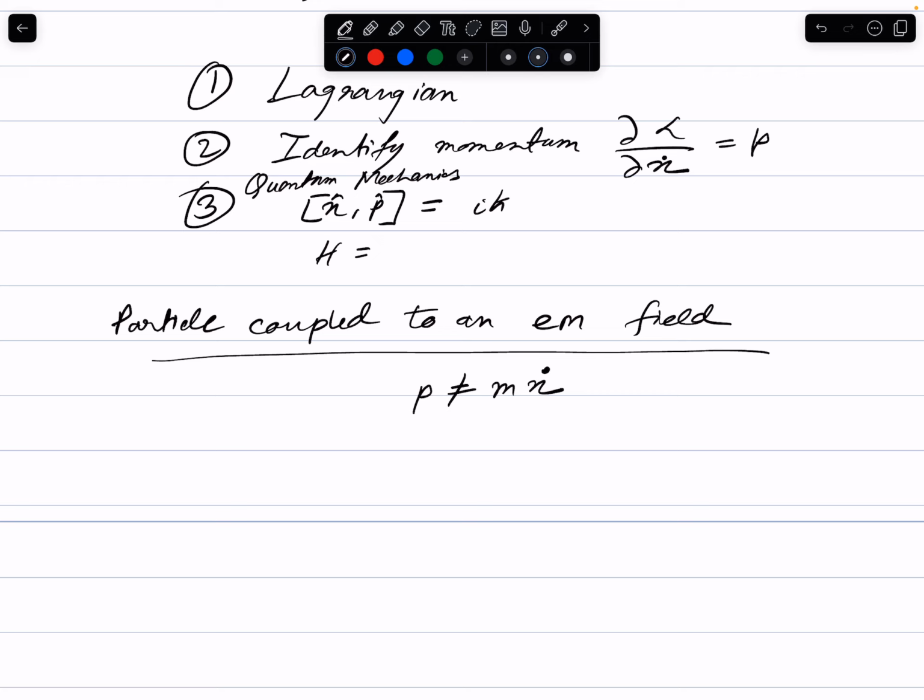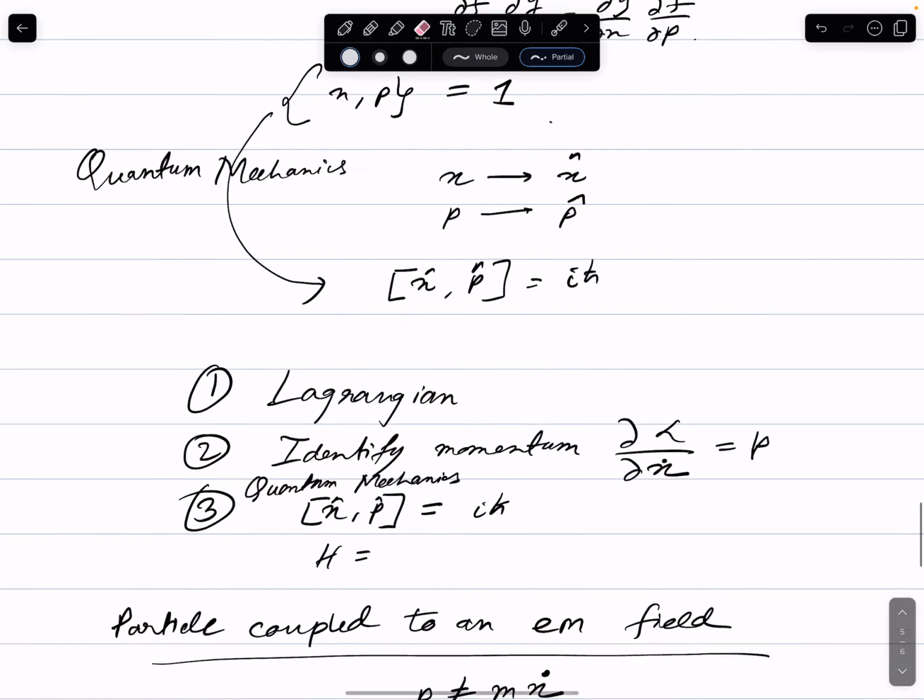So it need not be the usual mechanical momentum, it can be something different. You just have to write down the Lagrangian and identify whatever p is, and then the [x, p] relation will correspond to that, whatever the momentum is. So first you have to write down the Lagrangian.